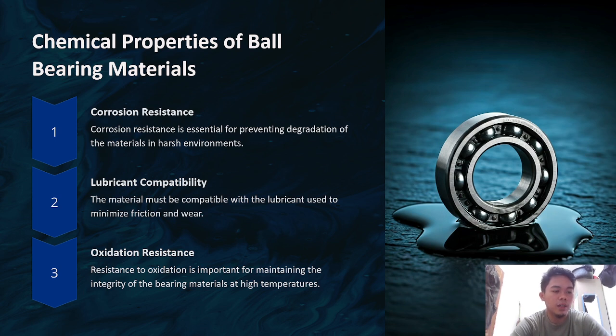So kapag ang bearing ay nalantad sa, let's say, acidic or salty na mga chemical, it can cause rust. So kapag nag-rust na ito, malilimitahan na yung function nito as this leads into being destroyed or unable to play its role or function.